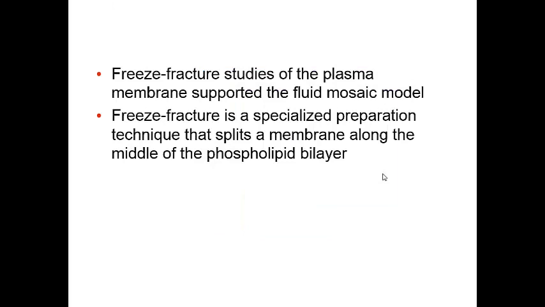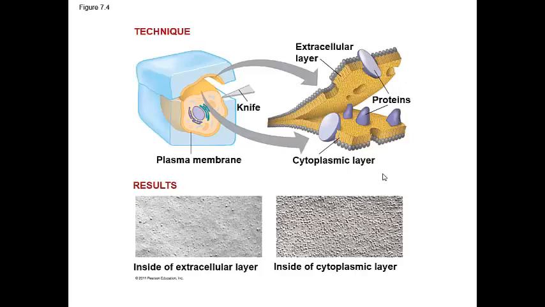How do we know that this is the structure of the cell membrane? We can use a technique called freeze fracture in order to study the structure of the cell membrane. Here we see a picture of freeze fracturing, and they basically freeze the cell membrane and break it into two parts.